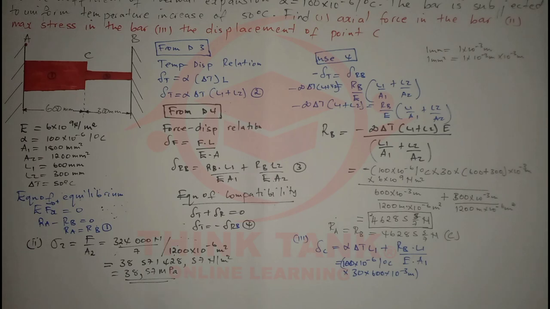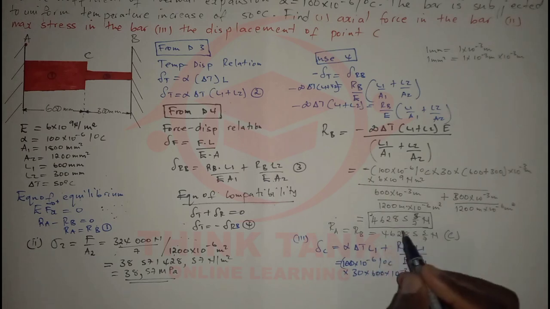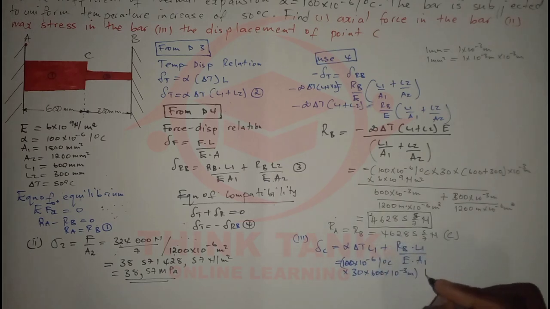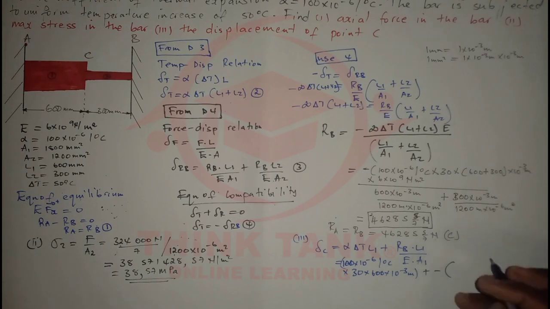And for RB, we're going to put a negative sign here since we're now considering the direction. This is displacement. If we ignore this negative sign, we'll get a wrong answer. So I'm going to write plus negative, and for force, we have 324,000 over 7 newtons.